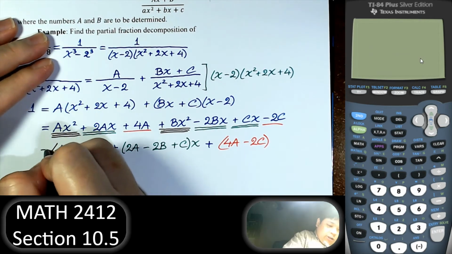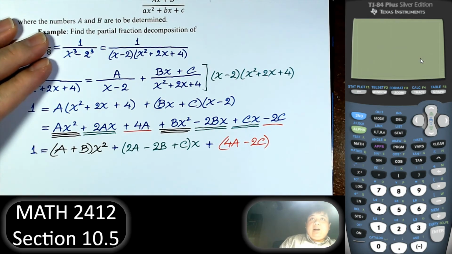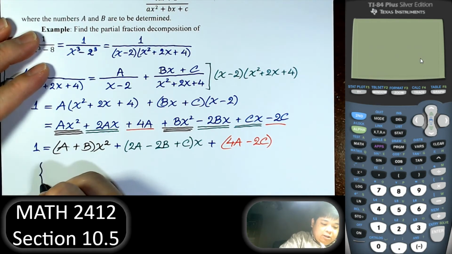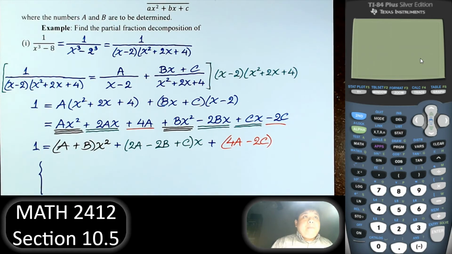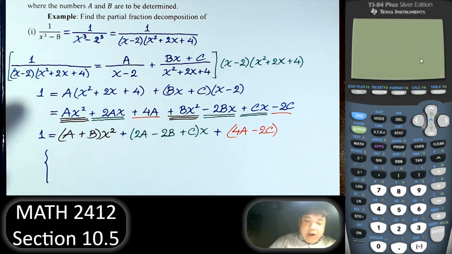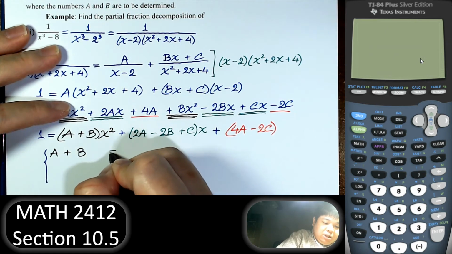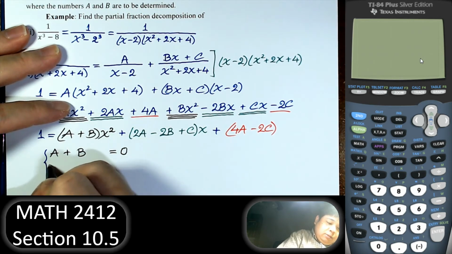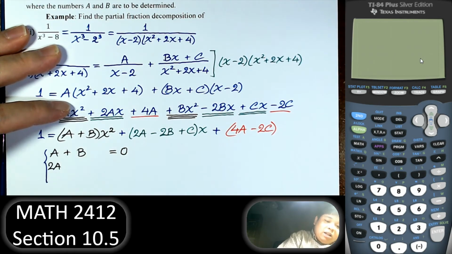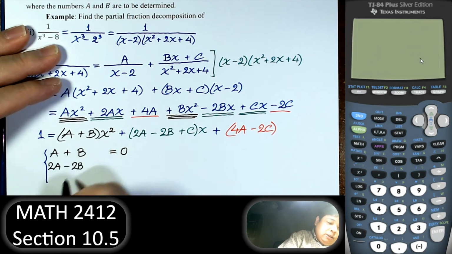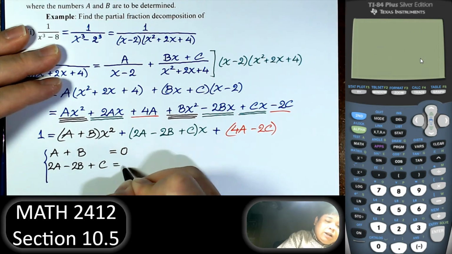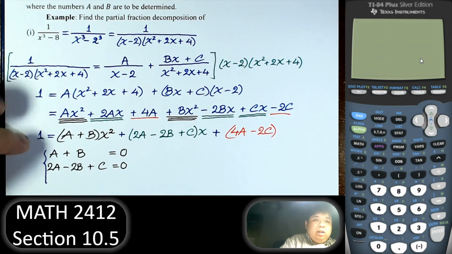We have 1 on the left hand side. Right, then we can set up the system. Right, no x squared on the other side, so a plus b must be 0. No x on the left hand side either, so that must be 0 as well. That's 1.